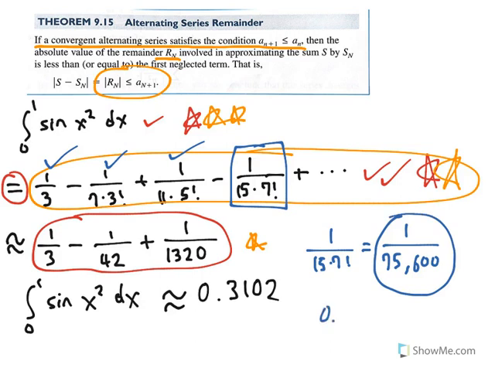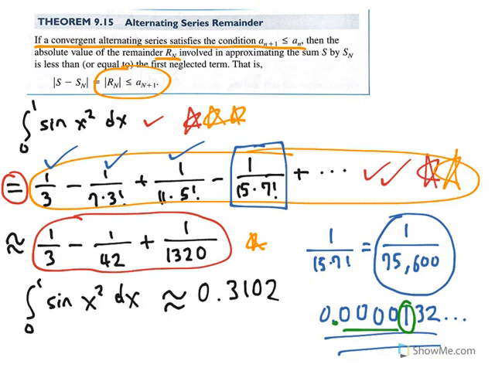And if you wanted to write that as a decimal, it would be about 0.0000132, and so on. But the point is, the alternating series remainder theorem tells us that the error of our approximation will be no greater than this value. And basically, if you take a look at this value, we have 4 zeros after the decimal.